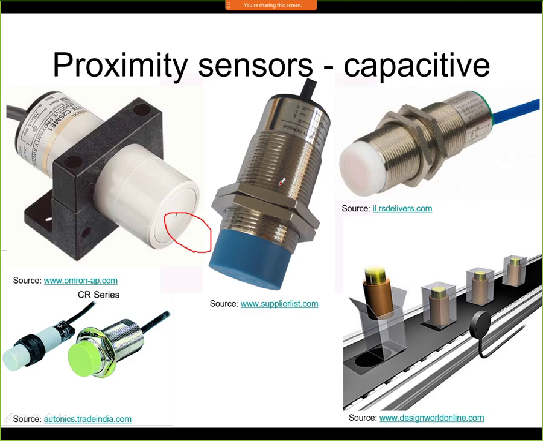Another way you can test if it's a capacitive or an inductive sensor is to turn it on and approach different materials. We know that inductive sensors detect only conductive materials. So if you approach copper or a piece of iron, a screwdriver for example, then it will be detected by the inductive sensor.